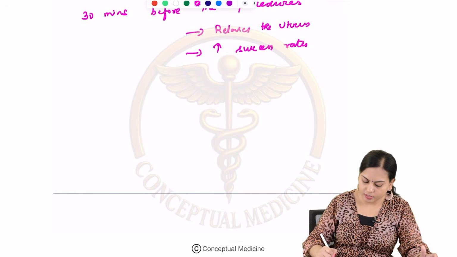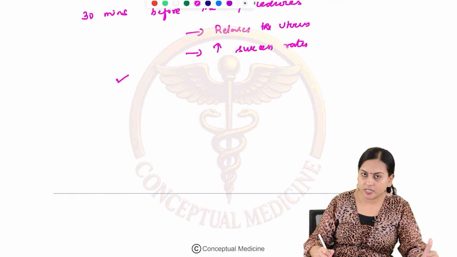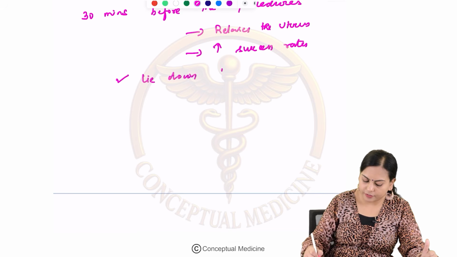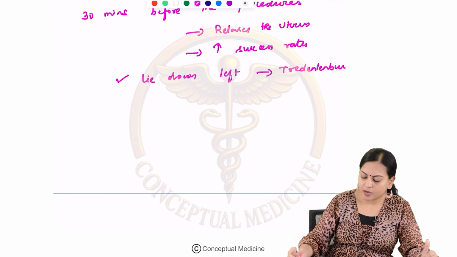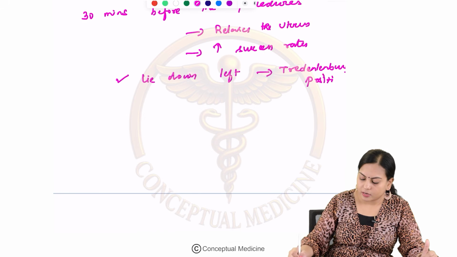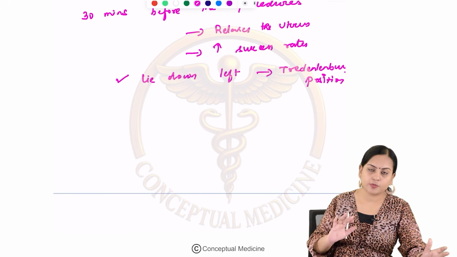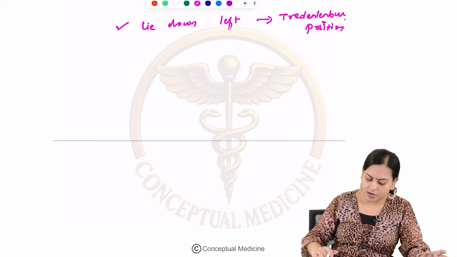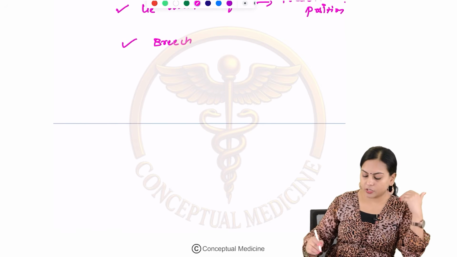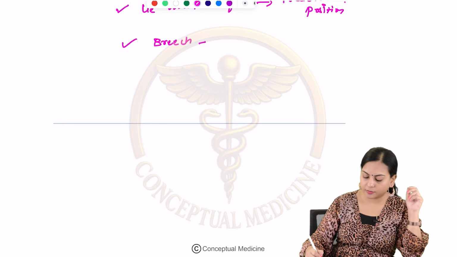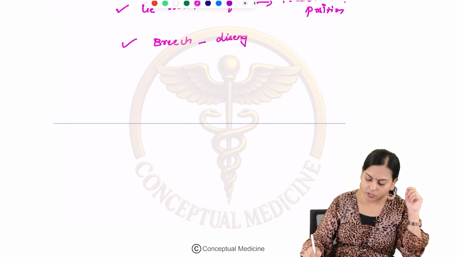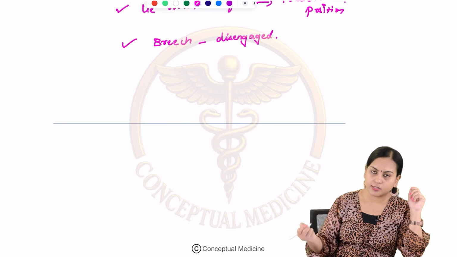Yes. Then the patient is asked to lie down in the left lateral position, and she should take the Trendelenburg position after emptying her bladder. She should be asked to empty her bladder first. And then the breech, if it is disengaged, no problem. Suppose it is engaged, you have to disengage the breech slowly.